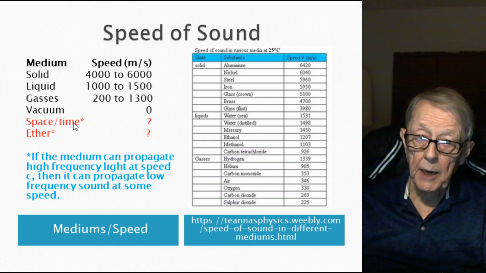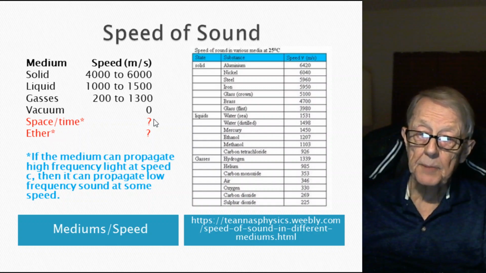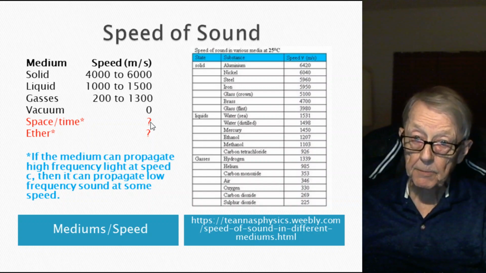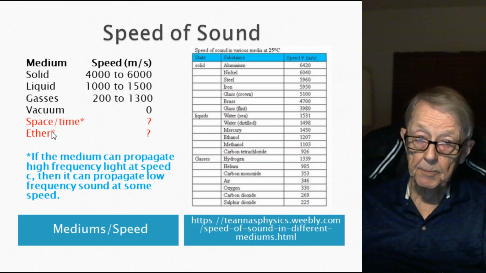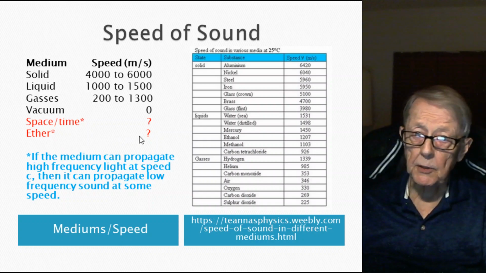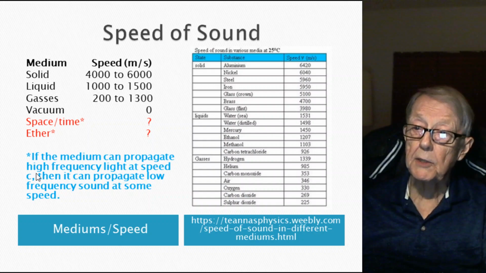But space-time in relativity and ether has a medium. I'm sure that the relativists would tell you, oh no, sound doesn't go through space, and it's zero. But I question that. Same thing with ether. If you ask them, sound doesn't go through. But here's my statement.